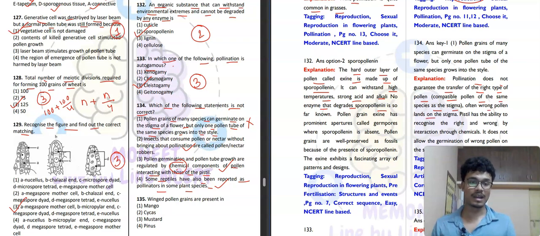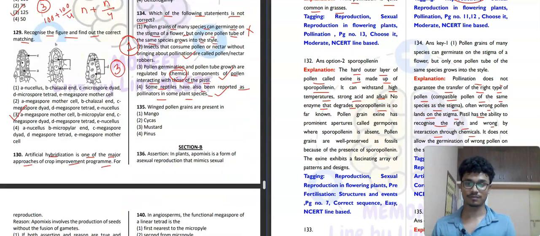Often wrong pollen lands on the stigma, which is non-compatible. So the pistil has the ability to recognize right or wrong pollen through these chemicals. So pollen grains of many species germinating on the stigma, but only one pollen tube of the same species growing in the style, is not correct. Here the first option will be our correct answer.